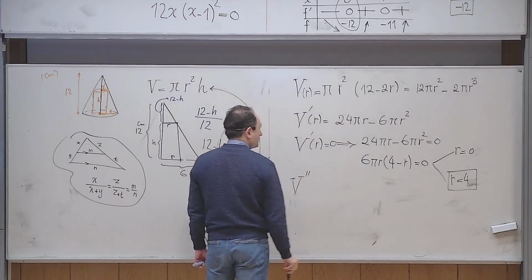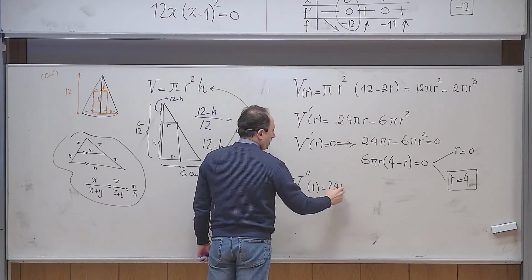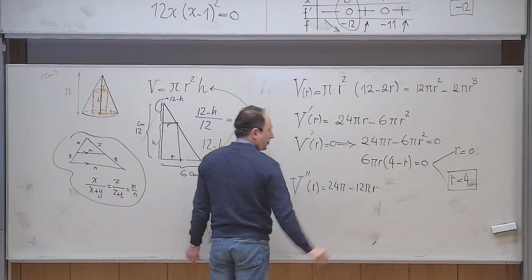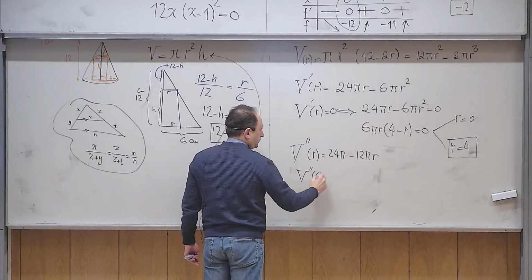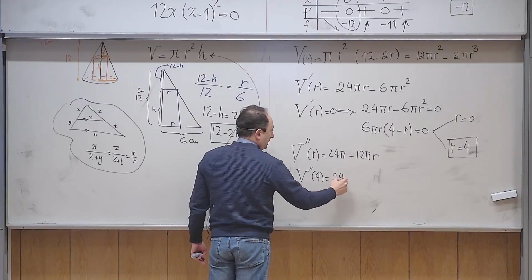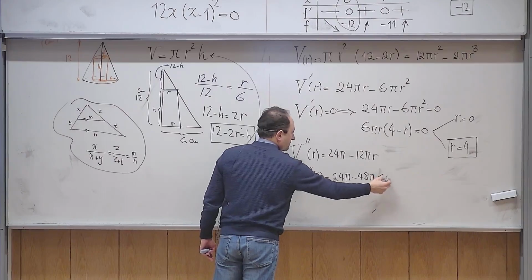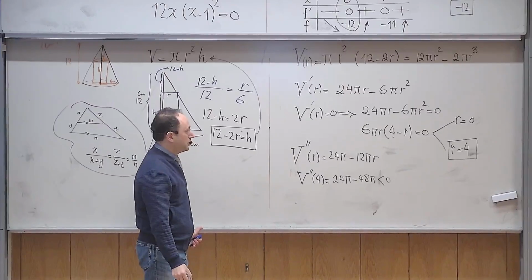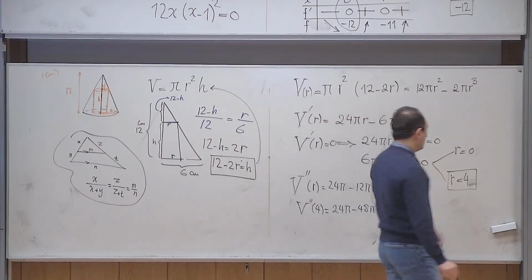So you take the second derivative. This becomes 24 pi. This becomes minus 12 pi r. And then you put that number here, which is 4. This is 24 pi minus 48 pi, which is negative. So yes, if the second derivative is negative, the first derivative is positive, that's a maximizer. So indeed, yes, r is 4.